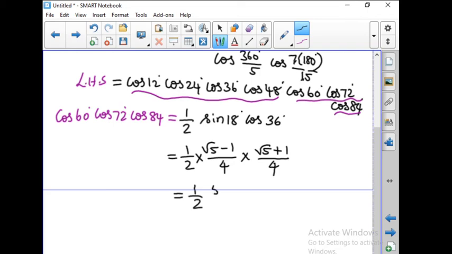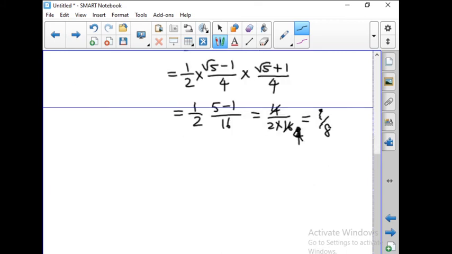So it is 5 minus 1 divided by 16. So your answer is 5 minus 1 is 4, 4 by 2 into 16, this is 4 times. So you are getting the answer as 1 by 8. So the value for this is 1 by 8.